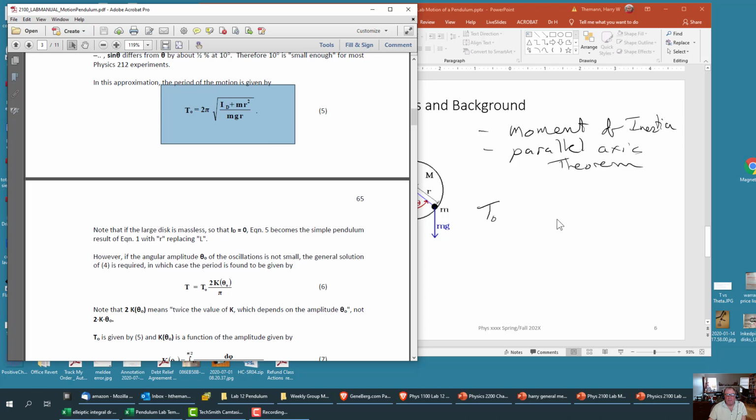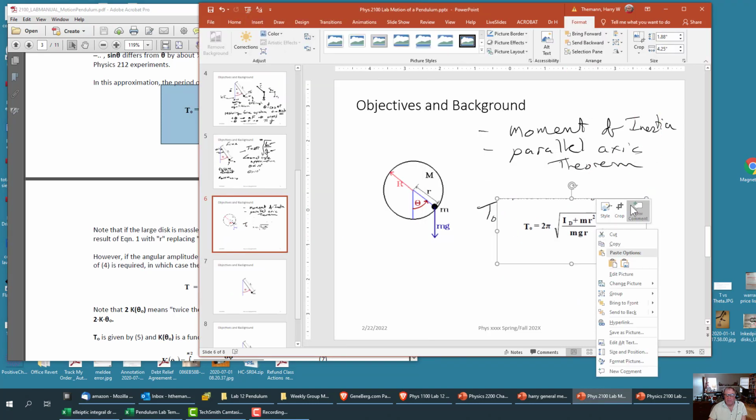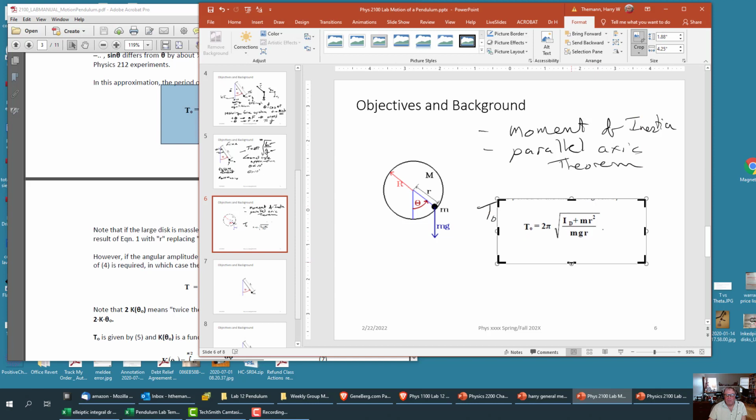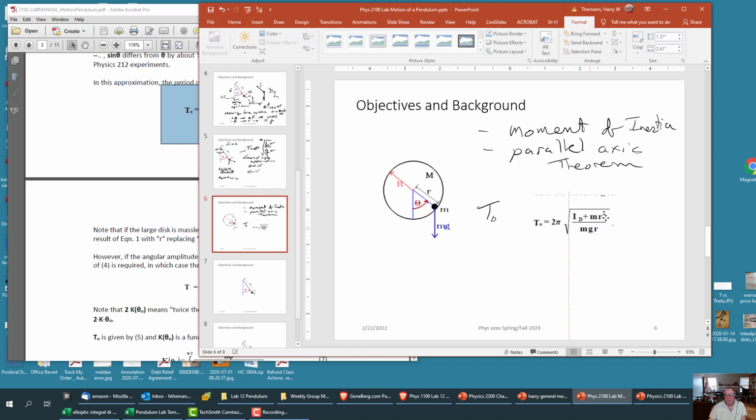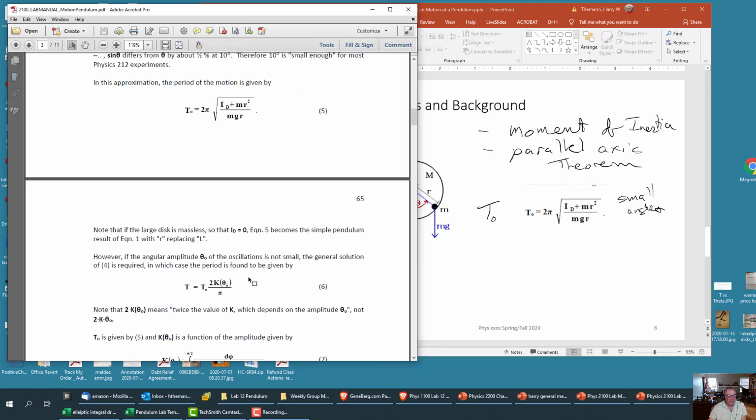So this equation here should apply for small angles, for small amounts of amplitude, if we don't let the disk rotate very much. At some point the behavior will change, such that the bottom line is this equation will always apply.